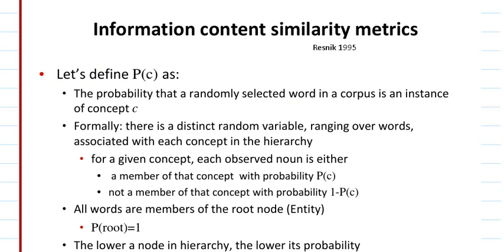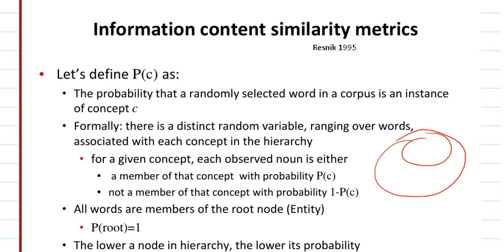It is defined as the probability that a randomly selected word in a corpus is an instance of the concept C, right? So it means that for a given corpus, a word observed as a noun is a member of a concept with probability P(C), right?